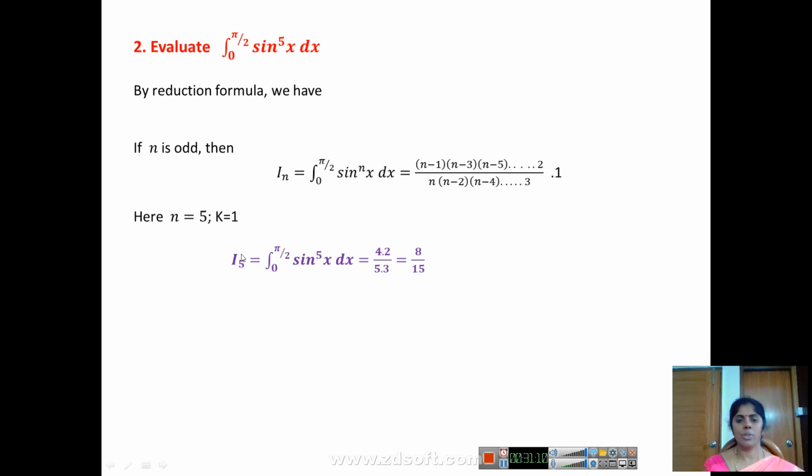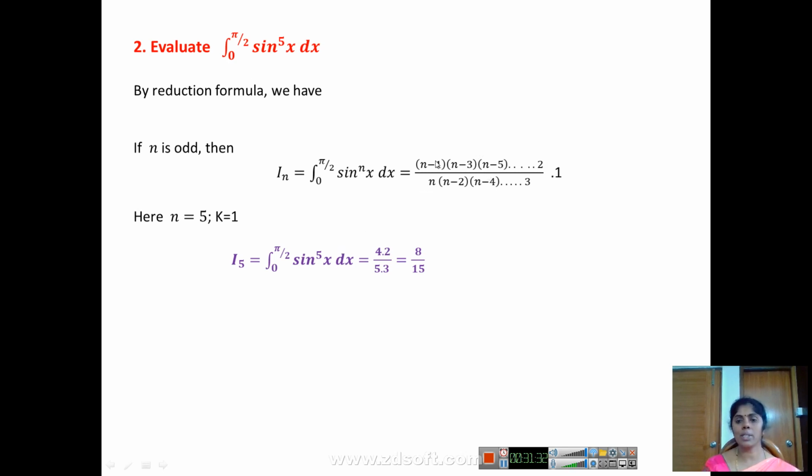So therefore, I5 equals integral 0 to pi by 2 sin to the power 5 of x into dx, which is equal to 5 minus 1 is 4, then 5 minus 3 is 2, then 5 minus 5 leads to 0, so that we won't take, we'll consider the lesser terms only.